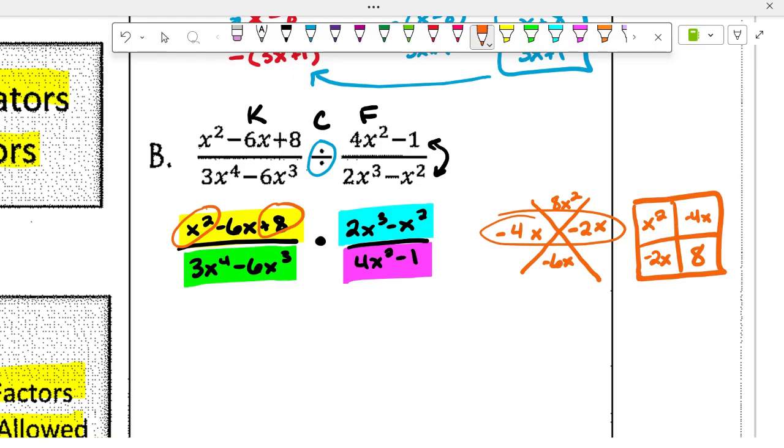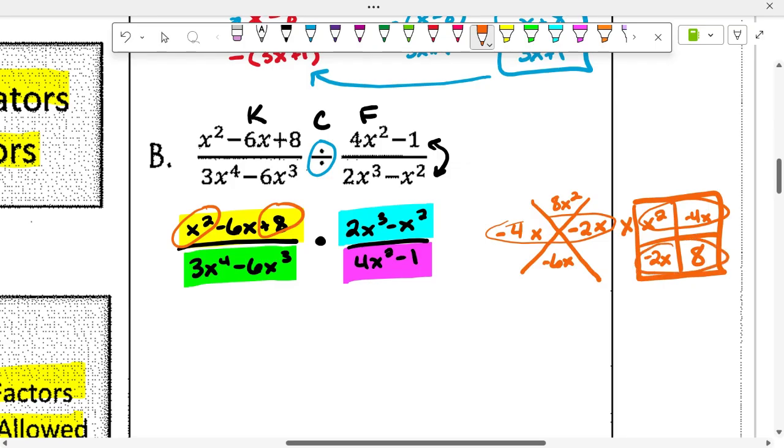And then I'm finding GCFs. What's the GCF of the first row? It's x. What's the GCF of the second row? Negative 2. It starts with a negative. Again, if the first term is negative in the row or column, take the negative out.